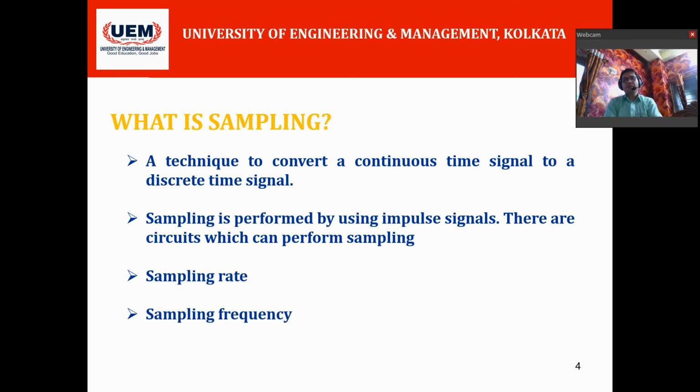The time interval after which sampling is performed is the sampling period, and 1 divided by that is called the sampling frequency. Obviously we must understand that the greater the number of samples, the greater the chances of recovering those samples. Okay.